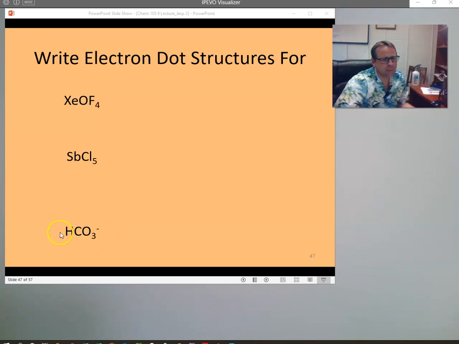One, the hydrogen does not connect to the central atom, and two, the negative charge means we have one additional electron in our valence electron collection. The hydrogen connects to one of the atoms, but not to the central atom, which is carbon in this case. With those two clues, break up into groups and work on these two compounds here, okay?